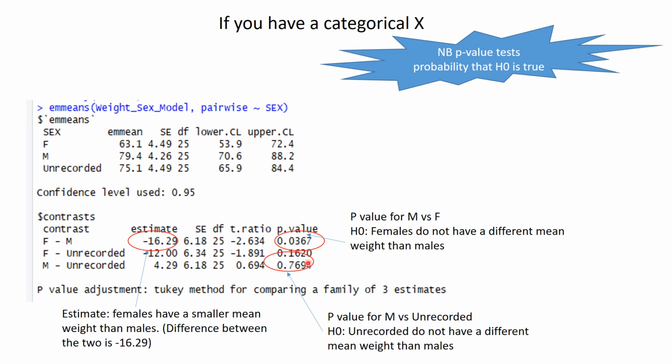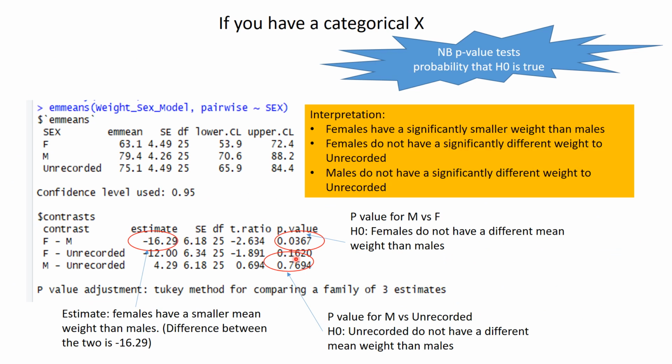We have a p-value for testing the null hypothesis that females and unrecorded have no different weight, and we also have a null hypothesis that unrecorded do not have a different mean weight to males. In both these cases, our p-values are larger than 0.05, and therefore we do not reject these null hypotheses.